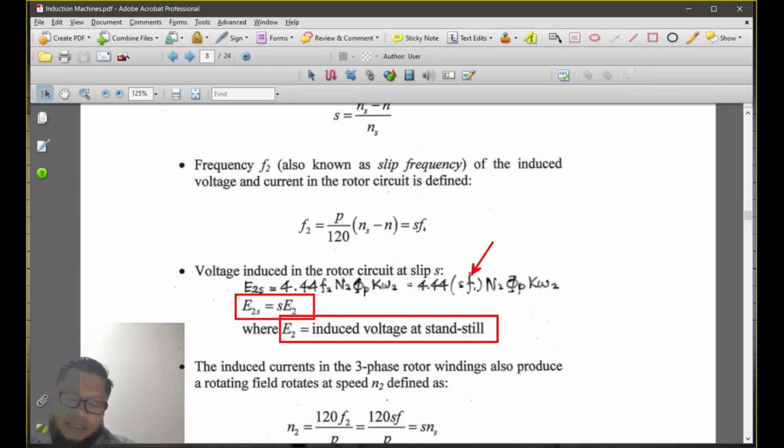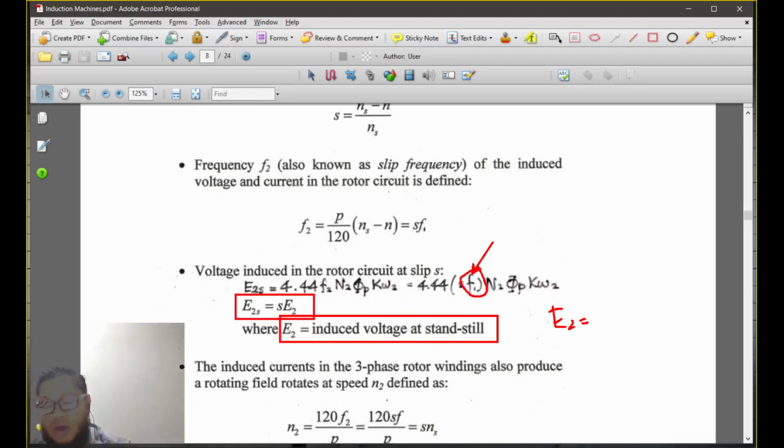So if we look further, E2, the standstill voltage, is the voltage induced in the rotor while the rotor is at standstill. It doesn't move yet. At standstill, which means the rotor doesn't move yet. That's why you have E2 with a frequency of F1, because the rotor doesn't rotate yet.